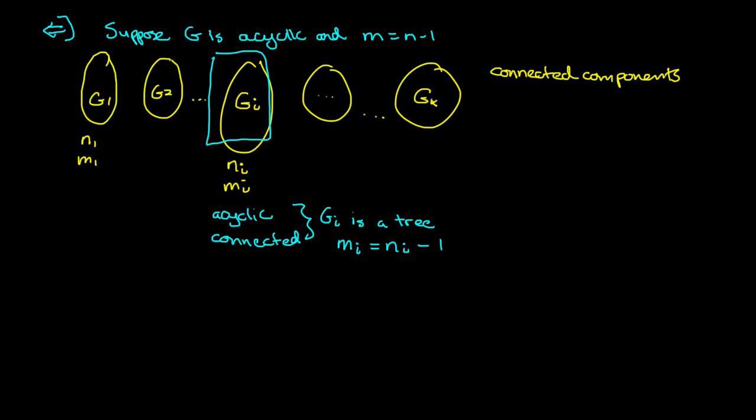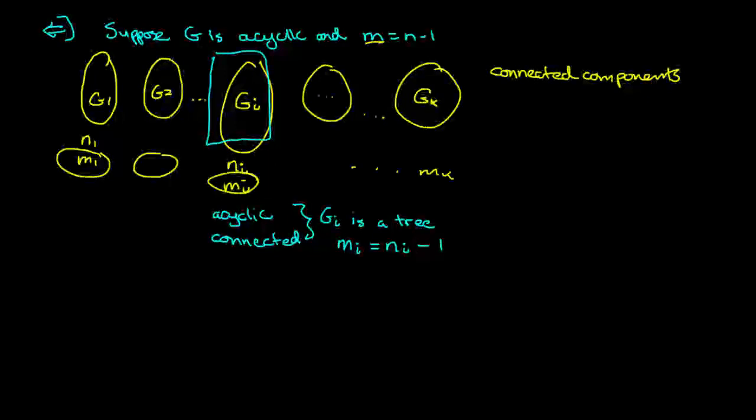Let's think about our original graph G, the thing that uses up every bit of information up here. So it's all of these pieces. Well, if G has M edges, really M is just the sum of M1, M2, M3, Mi, all the way up to Mk, right?